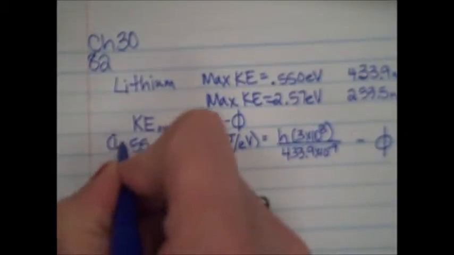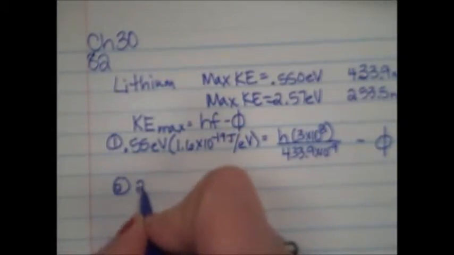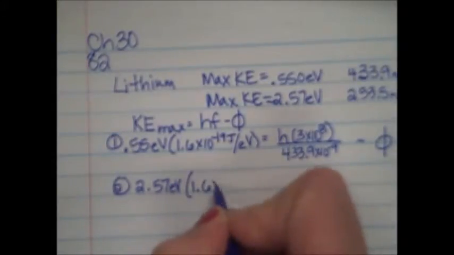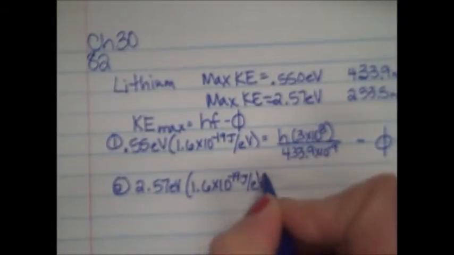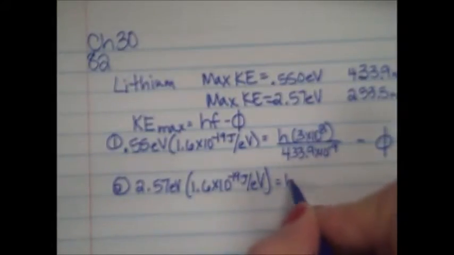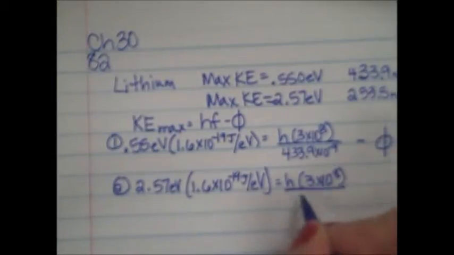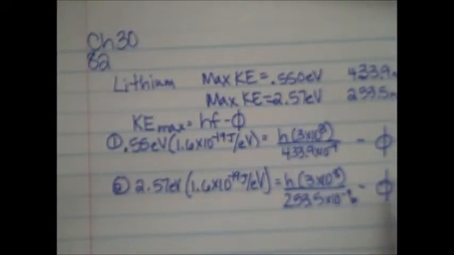This is my first equation, and my second equation would be 2.57 electron volts converted into joules equals hc over lambda minus phi. So we have two equations, two unknowns.